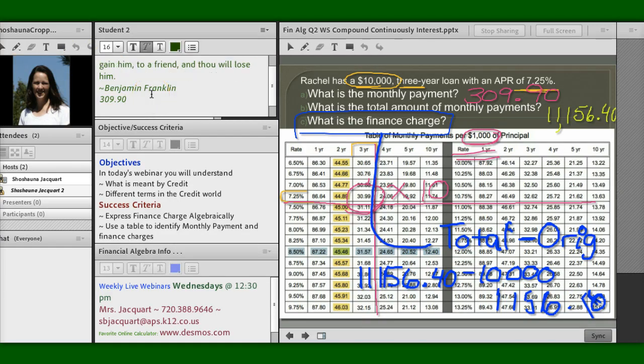So I'm going to go ahead and type my answer up over here. Monthly payments is 309.90.